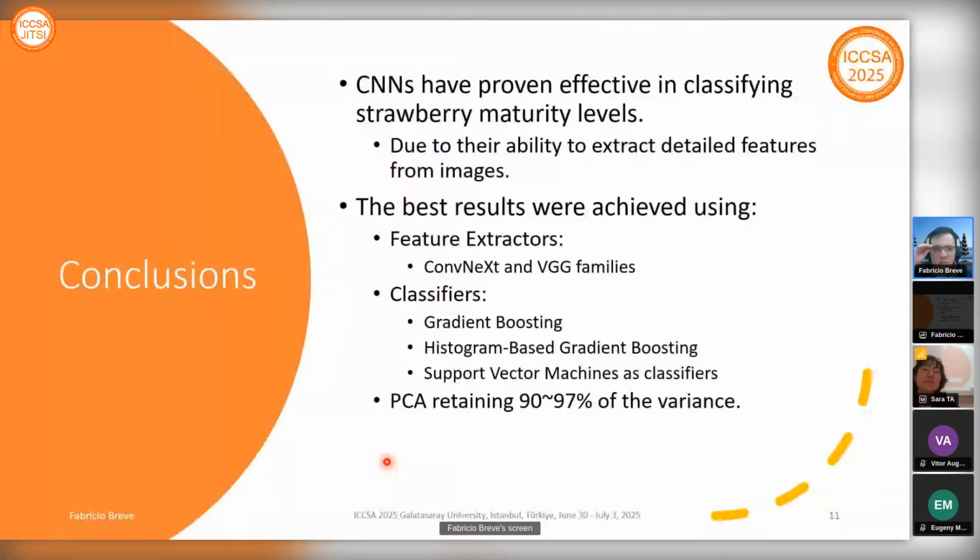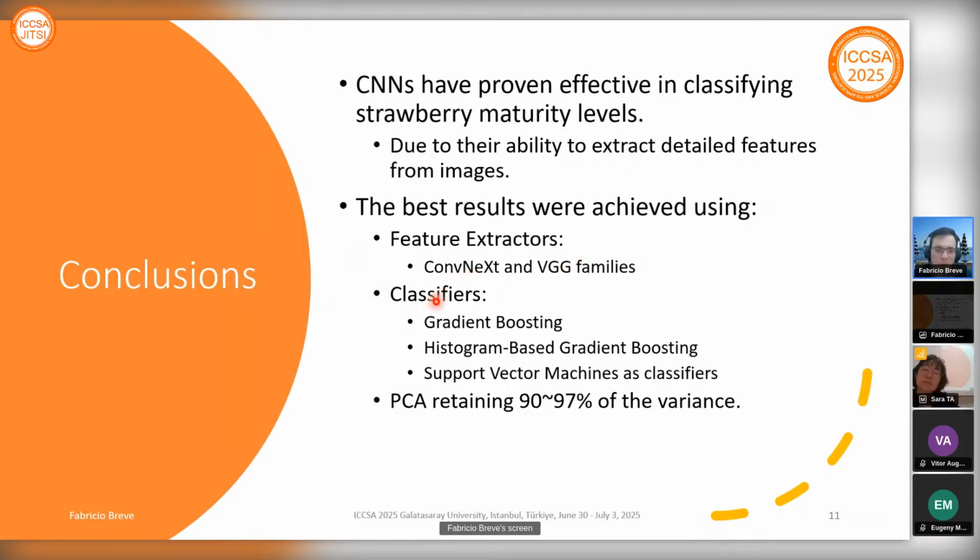So in conclusion, CNNs have proven effective in classifying strawberry maturity levels due to their ability to extract detailed features from the images. The best results were achieved using feature extractors from the ConvNext and VGG families, which is interesting because they are the newest and the earliest families.